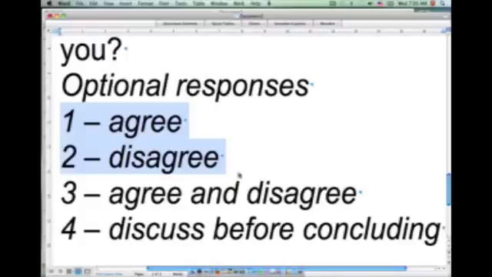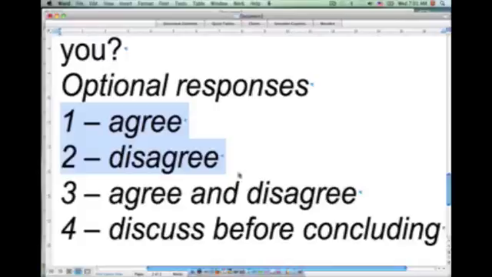If the examination question says discuss both points of view, then you can't just write an agree or disagree essay. You have to write a discussion essay. But if the question makes it at all possible for you to write an argument essay, I encourage you to do that, because that's the easiest kind of essay to write. Very, very straightforward, very easy.